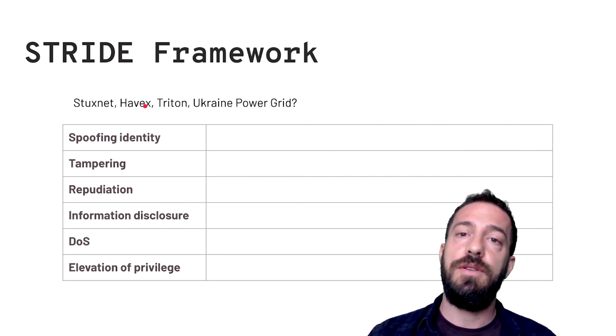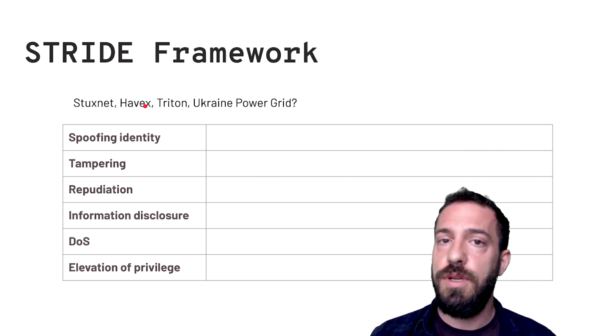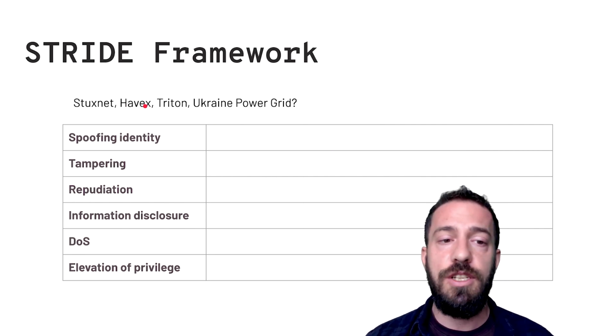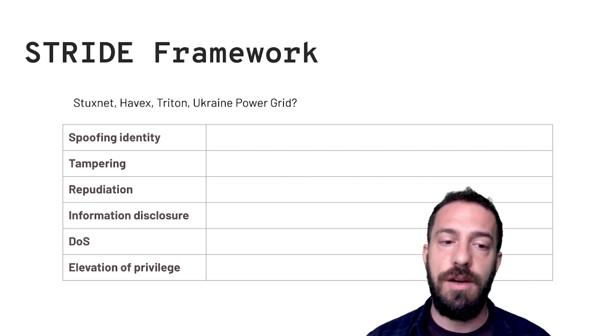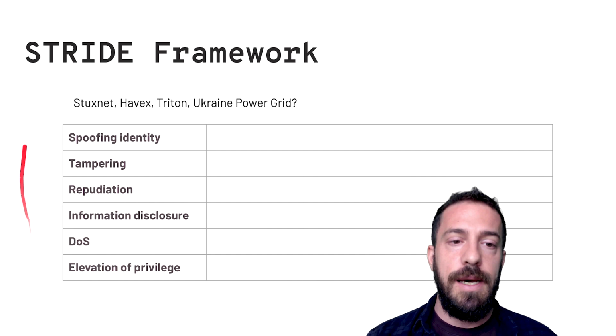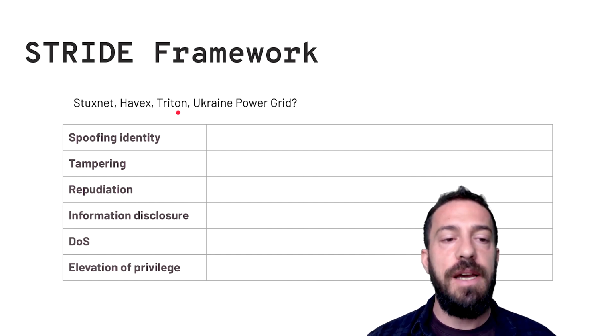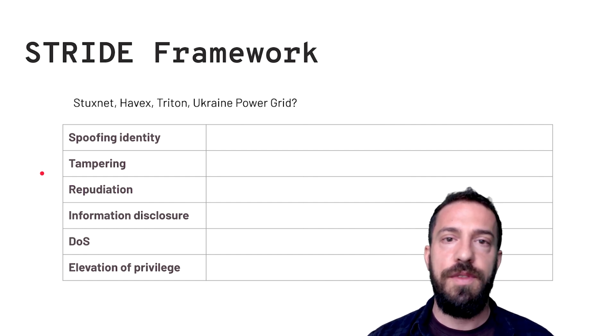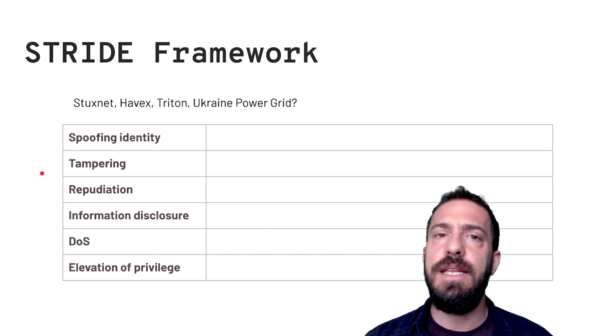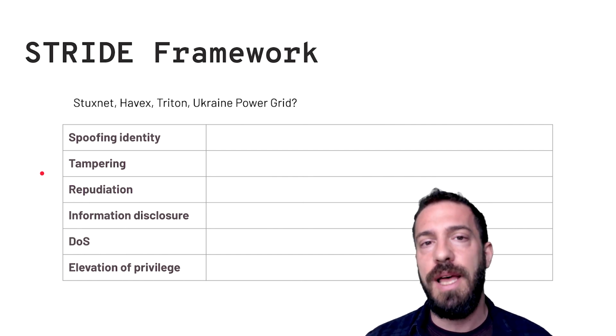Havex, if you remember, was a malware that had knowledge of industrial protocols, and it was doing mostly reconnaissance. So in a way, it was information disclosure. Triton did many things. It changed the firmware, so in a way it was also tampering.